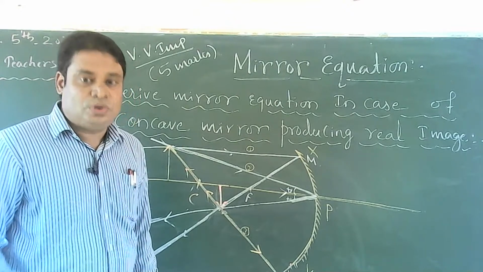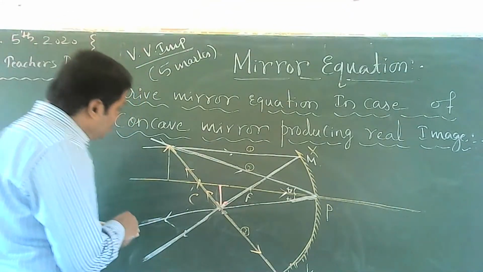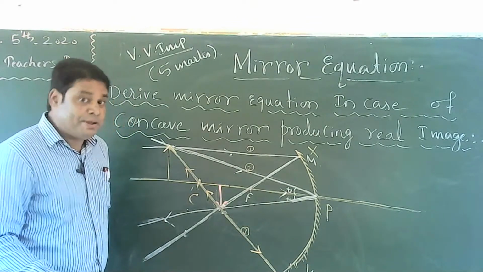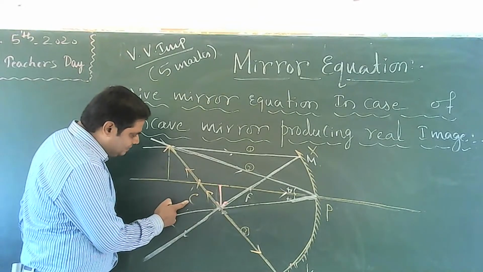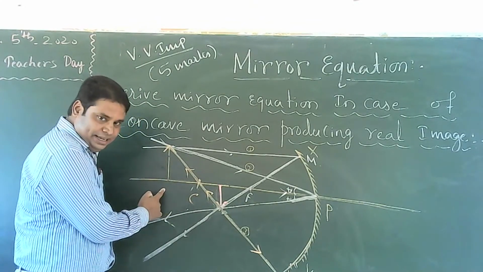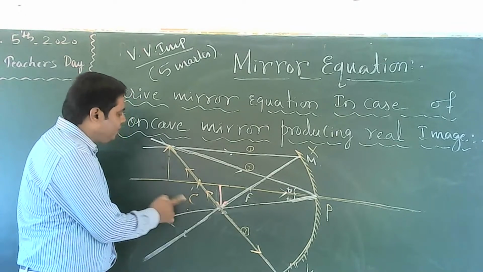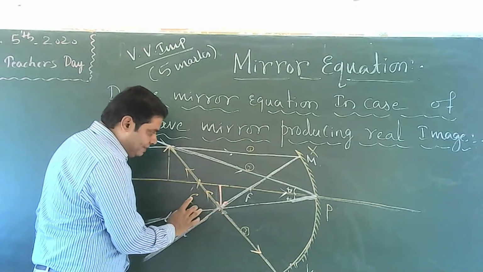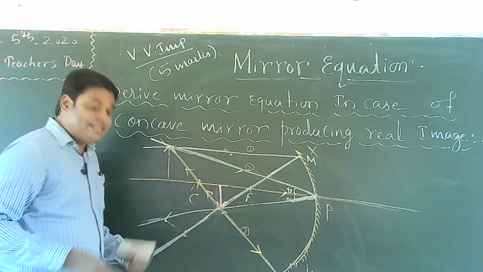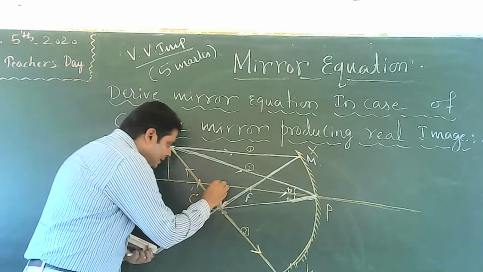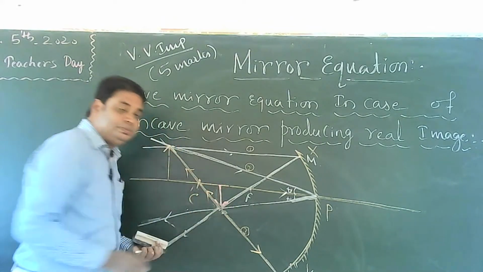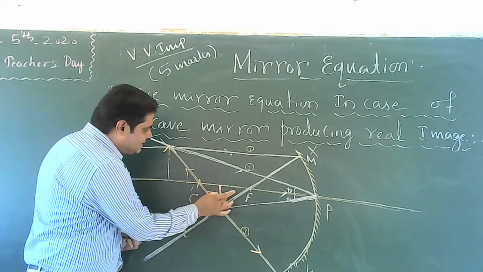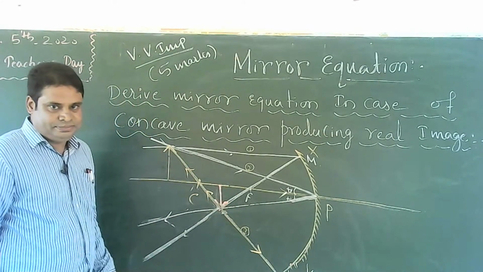So it is very easy to draw if you know the position of image and object. As your object is beyond C, you automatically get your image between C and F. And see here, it is inverted anyway. You know this. And the size of the image is less as compared to the object.